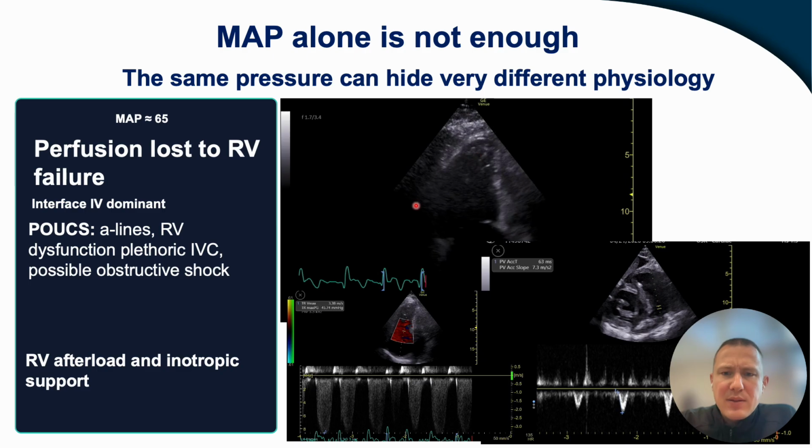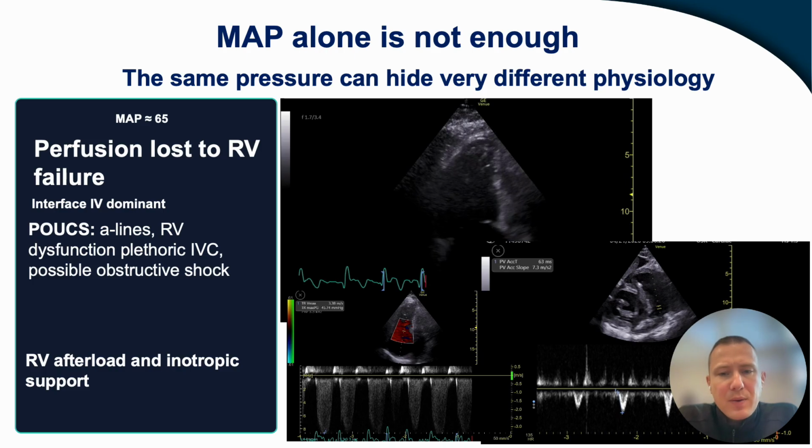Here you can see that the RV appears very big on this point of care ultrasound. This is the continuous wave Doppler over the tricuspid valve, which shows significant tricuspid regurgitation, and here we are measuring RVOT VTI from the subcostal approach, where we look at the acceleration time of the right ventricular outflow tract VTI waveform that can indicate high right-sided afterload.